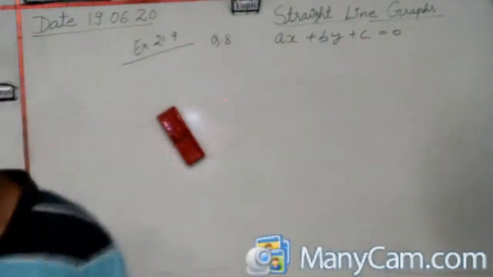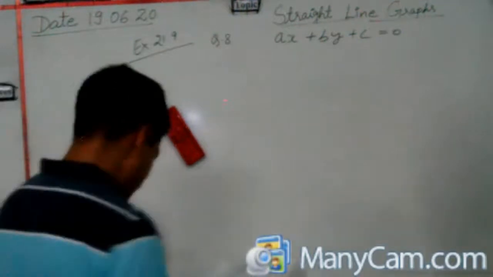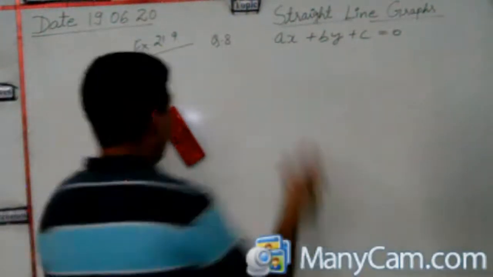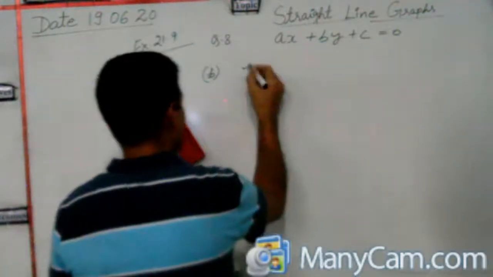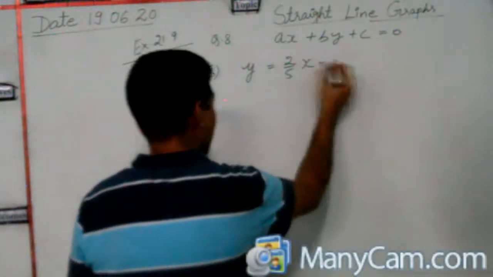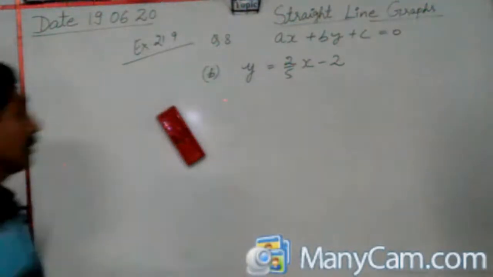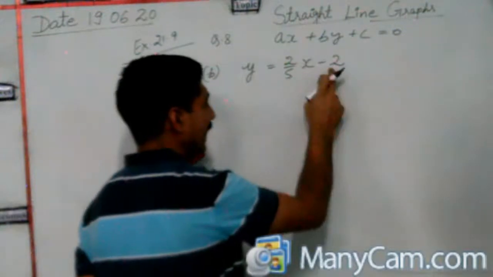Let's take the B part, which is y is equal to 2 upon 5 x minus 2. So again, a simple one, we have to take the LCM here.